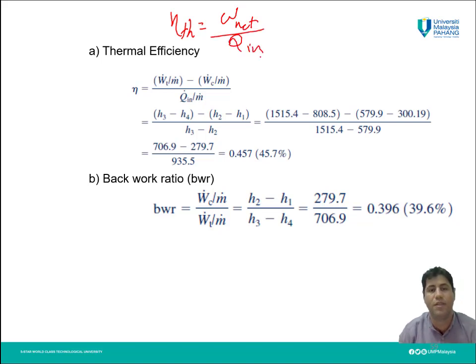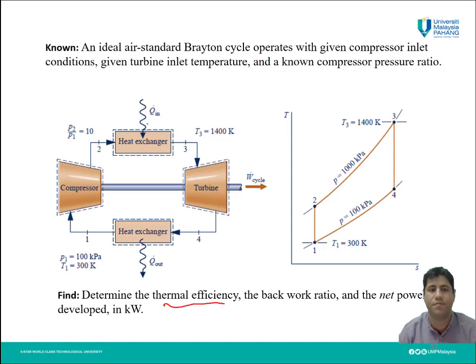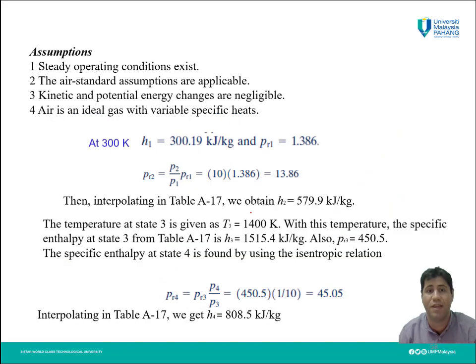But the W net and Q in is actually the amount of work, the net work output, and the amount of thermal energy which is given to the cycle. But what we have here actually is based on unit mass actually, Q dot in, Q dot out, and here W dot of the cycle.